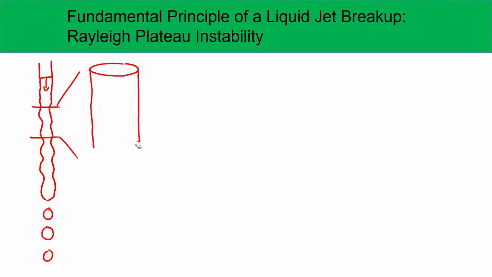I define the surface tension of this liquid cylinder by sigma, density by rho, and the pressure inside, which is uniform throughout, by P0. This is the surface normal pointing outside, and it has a radius R0. This is the equilibrium state or the steady state.